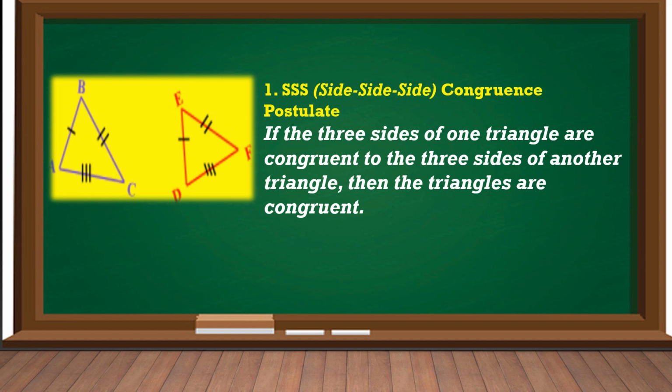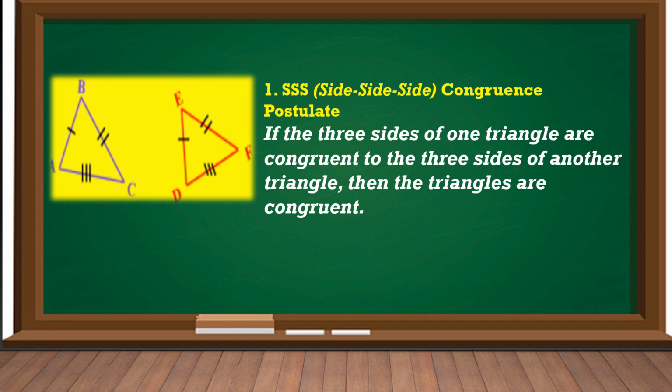The figure shows that the side of triangle ABC, which is AB, is congruent to the side of triangle DEF, which is side DE, and side BC is also congruent to side EF, and AC is congruent to side DF.